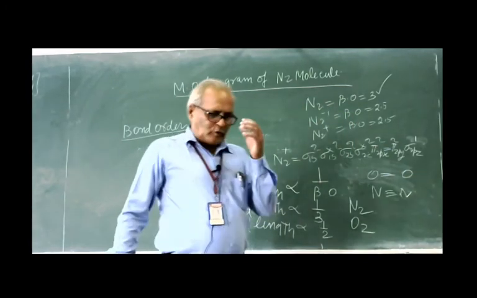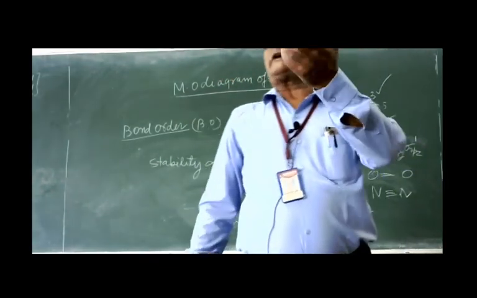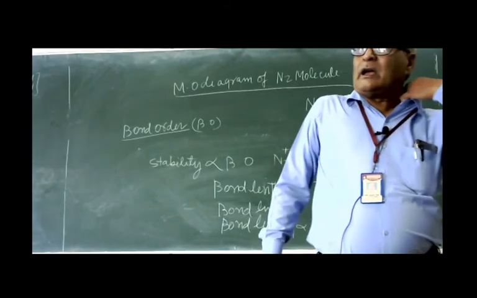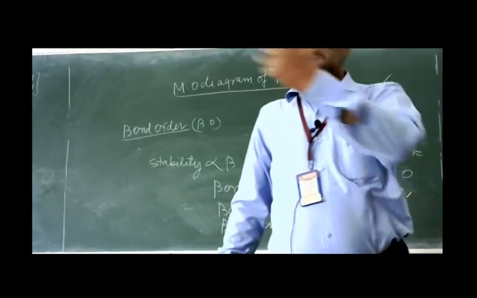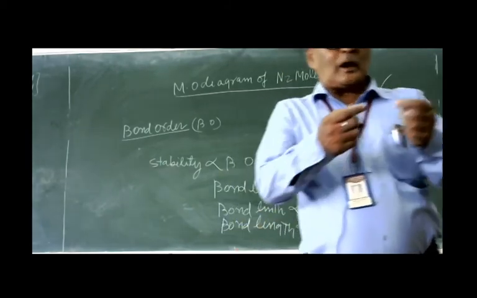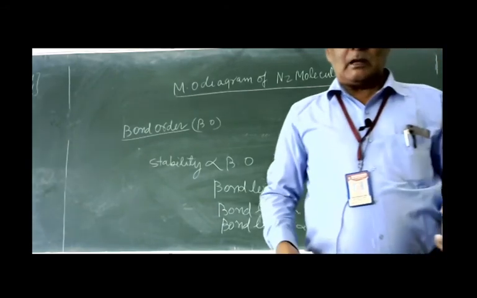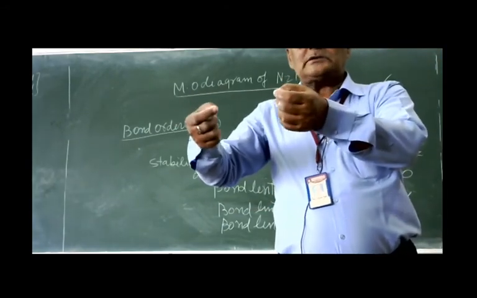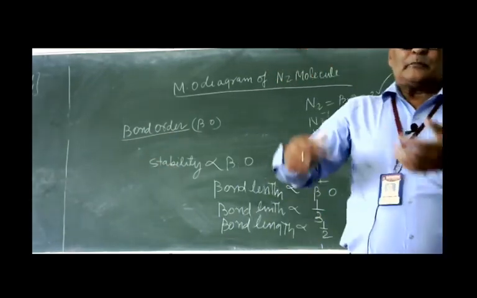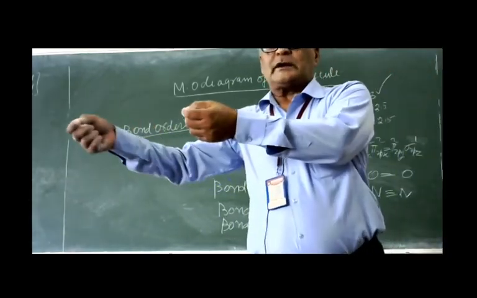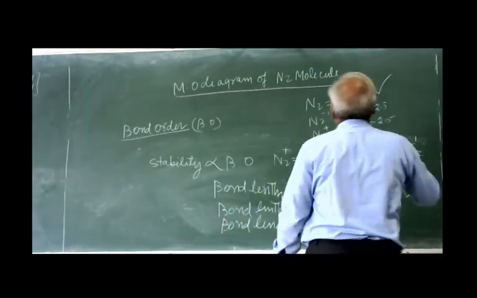In any bond you can know this; just take the example of ethane, ethylene, and acetylene. The carbon-carbon bond length in ethane is much higher than in ethylene, and much higher than the carbon-carbon bond length in acetylene. Why? Because of the single, double, and triple bond.